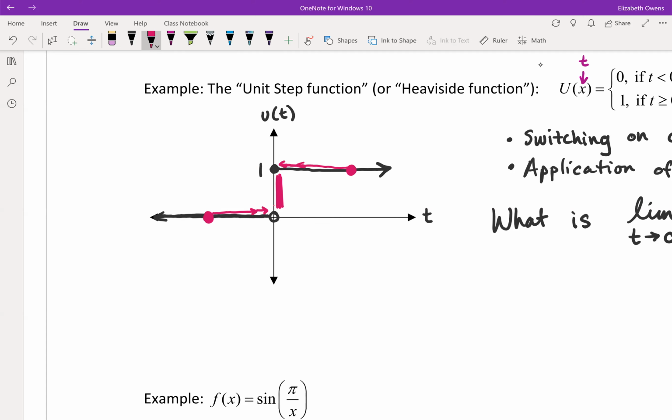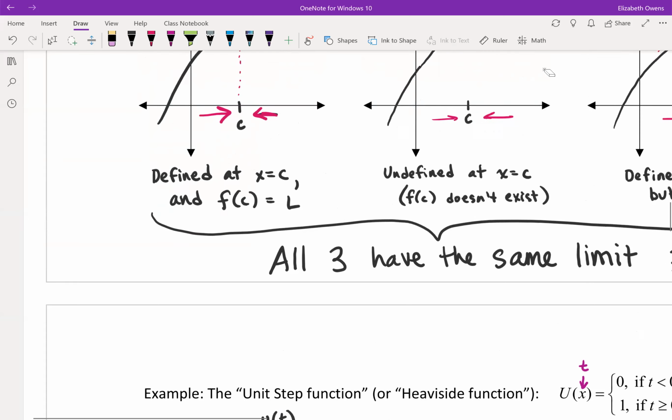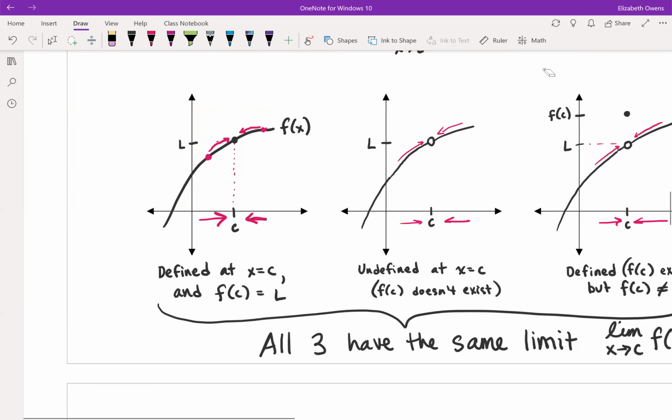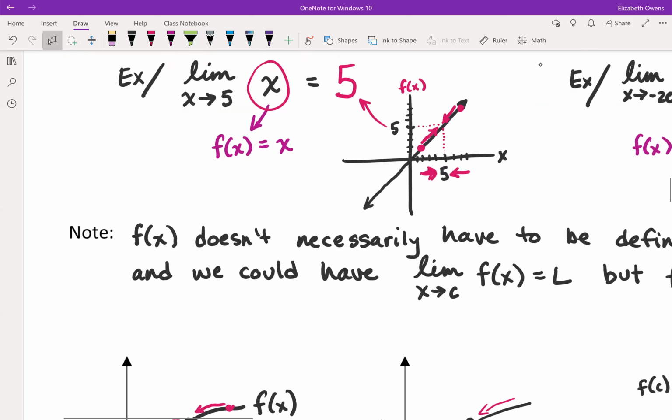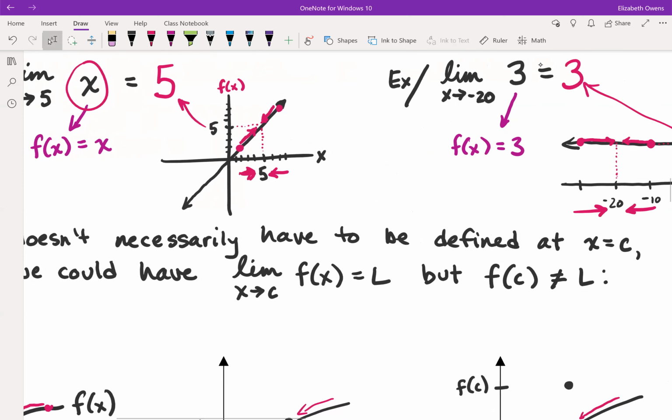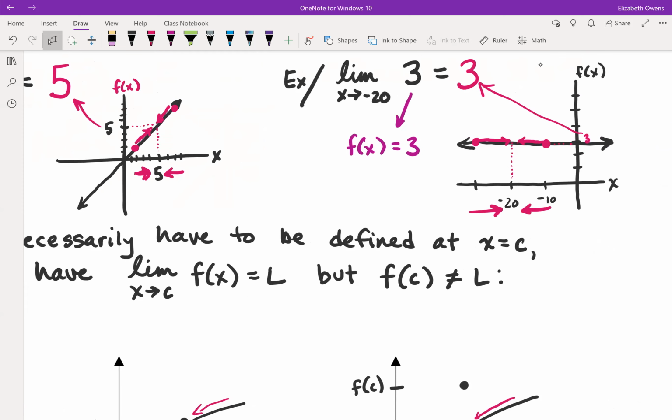That hasn't happened before on any of our other graphs. Remember these three guys? We brought our fingers together and they came to this value L. With the little quick graphs, we could see very clearly it was approaching the same y value from both sides.